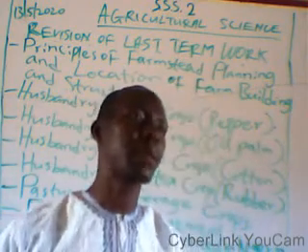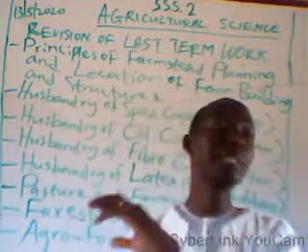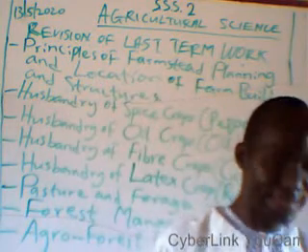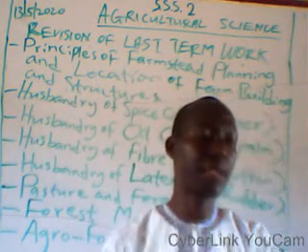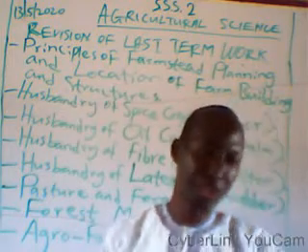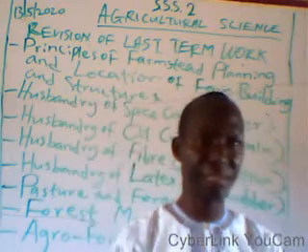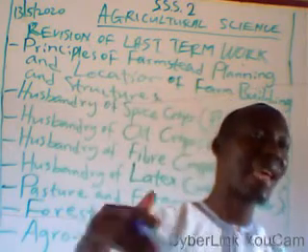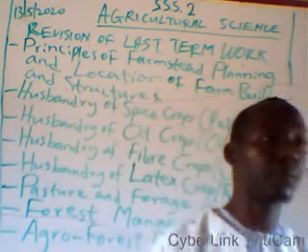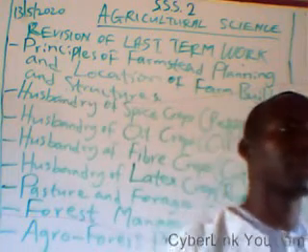Deforestation. What is deforestation? Deforestation is when you cut down the trees from where they are existing. That means there won't be any forest trees there again. That is deforestation. And we also have afforestation. Afforestation is when you plant trees where they did not exist before.